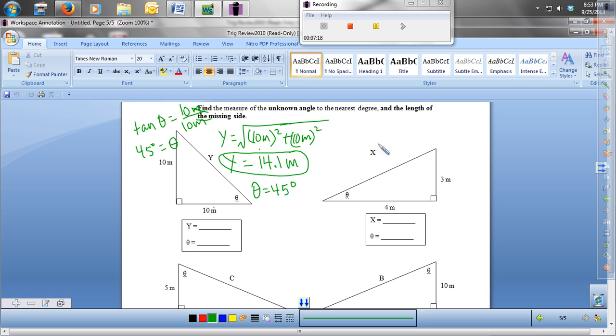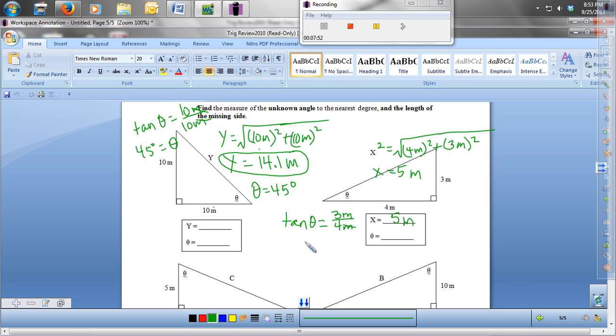If you don't believe me, say x squared is equal to 4 meters squared plus 3 meters squared. And when you do that, you get x is 5. So there's my 5 meters there. Now I need to find this theta, so I'm going to say that the tangent of theta is equal to side opposite 3 meters over adjacent 4 meters.